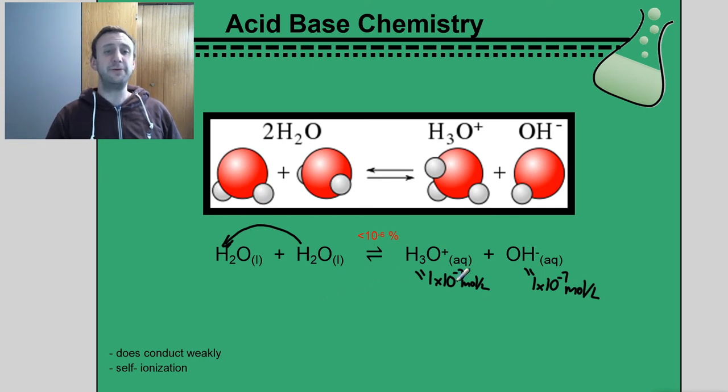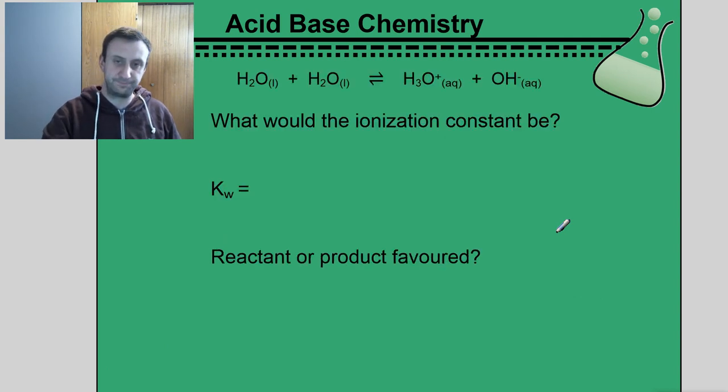This is called the self-ionization of water because I'm making ions by water reacting with itself. As a result, water, even distilled water, does conduct very, very weakly because it has these ions present. It's barely conductive, but it is conductive a little bit, because I need charged particles, ions, to be present for electricity to move through solution.